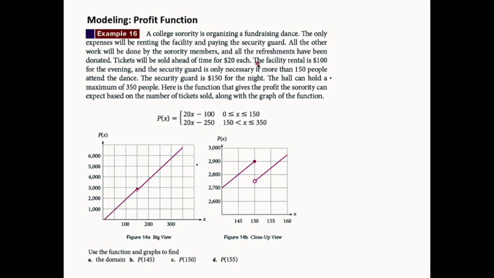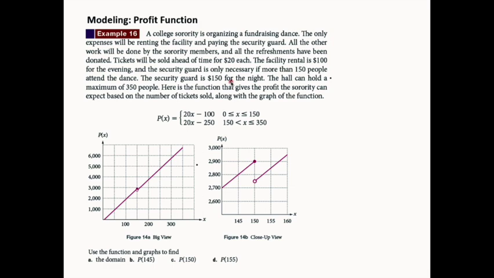This application is asking us to build a piecewise function that shows the profit based on what interval you're going to fall on. Now, the two intervals are going to be based on how many people are going to be at this party. If you read more into this, it says if there's more than 150 people, then they require a security guard.